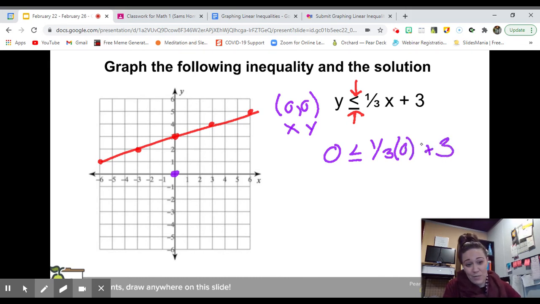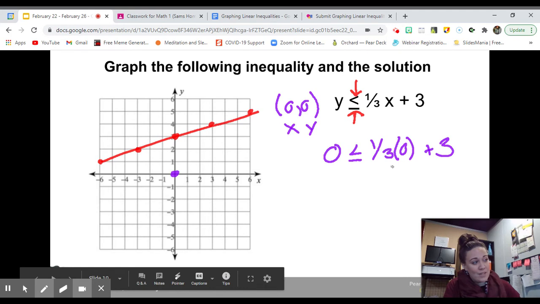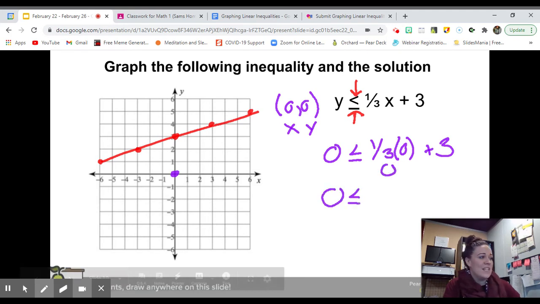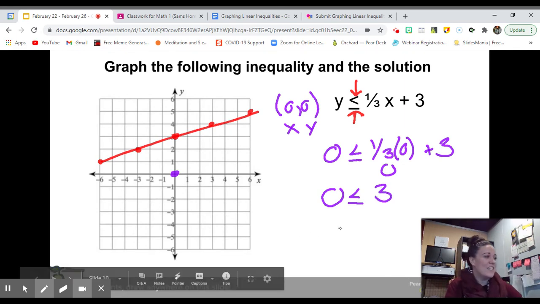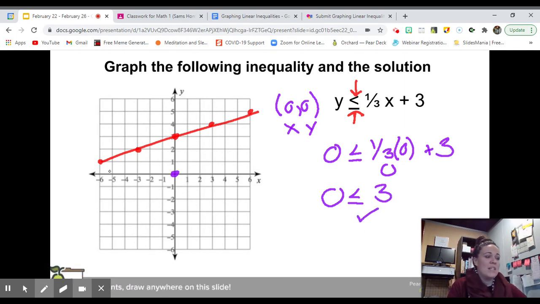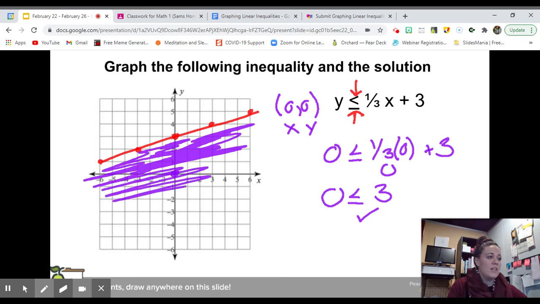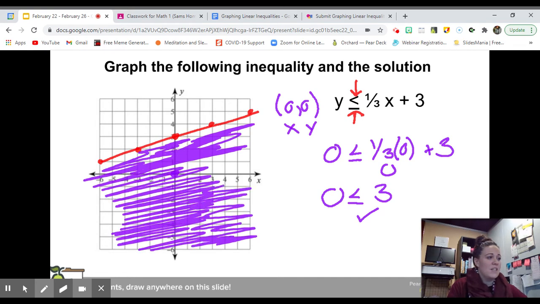And again, it's always a nice one to use whenever you multiply by 0 because this answer is 0. So is 0 less than or equal to 3? It is. So this is a true statement, which means that I'm going to shade in everything below the line because 0, 0 was below the line. So all of this section down here is a solution, or it makes the statement true. So I'm going to shade in all of that.